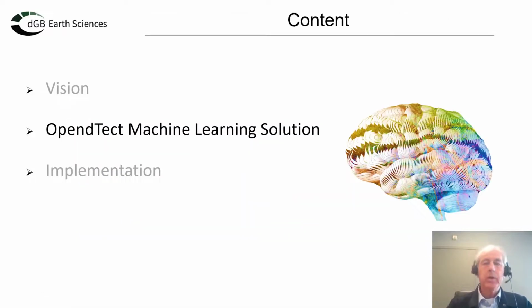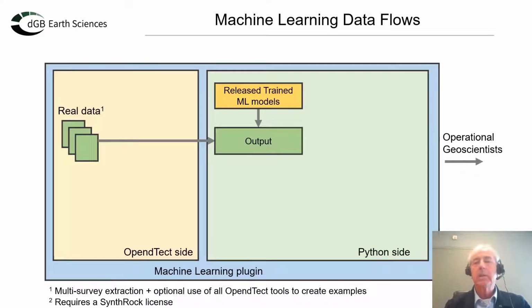So what have we done in OpenTect to actually make this happen? When we started developing OpenTect machine learning, we developed it for 3 types of geoscientists. The operational geoscientists, who are the ones who are always strapped for time. We want to give them pre-trained models that they can reuse on their own data sets.